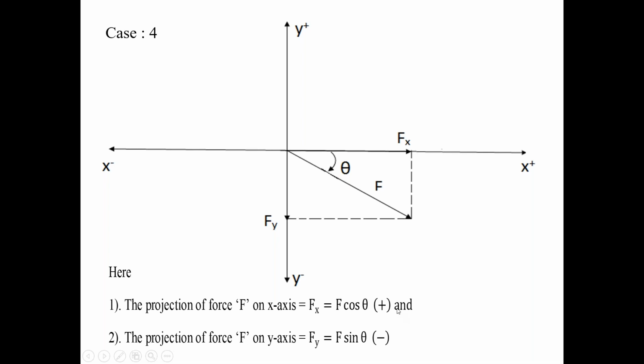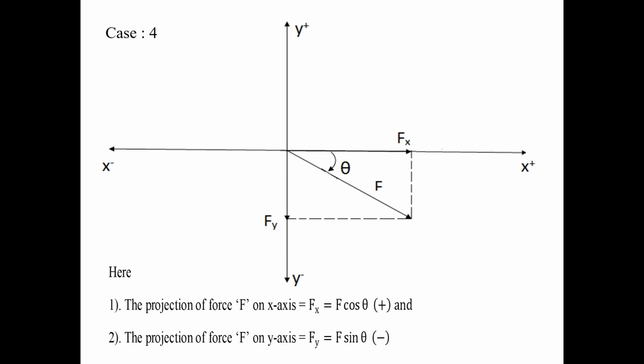Projection Fy is equal to F sin theta, negative projection. So like this, in these projections of force, I explained 4 conditions: the force F in the first quadrant, force F in the second quadrant, force F in the third quadrant, force F in the fourth quadrant.